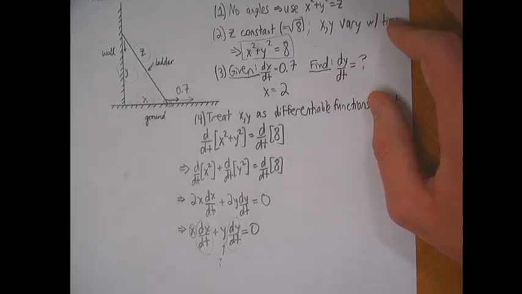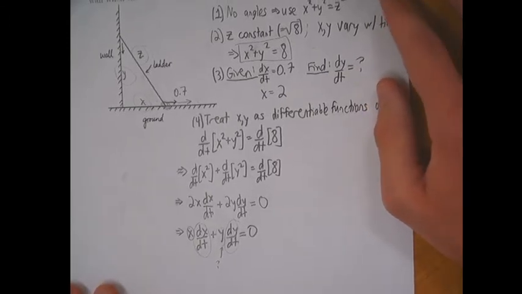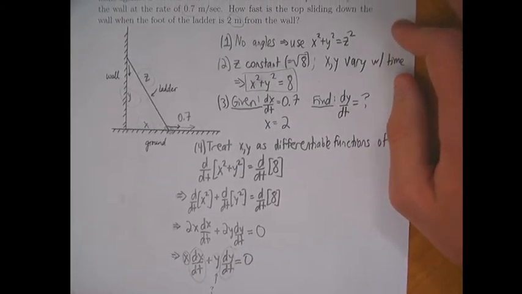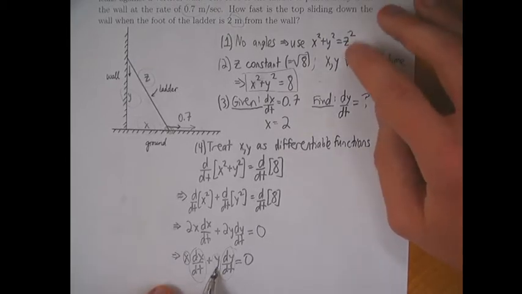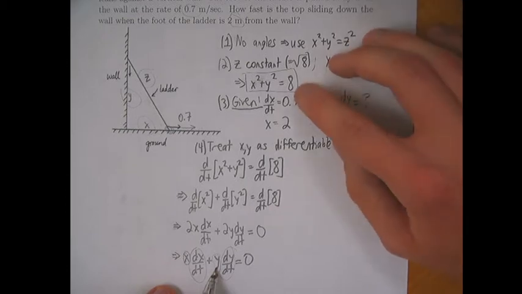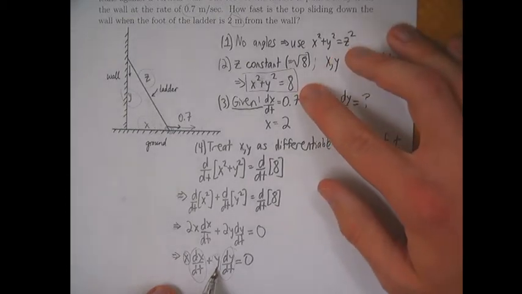Well, since we know what x and z is, we can solve for y. Exactly. So this is going to harken back to what we did in the first example from last time, in that we have to plug this back into the original equation here, depending on how you want to look at it.